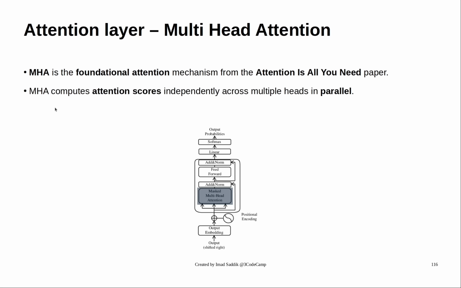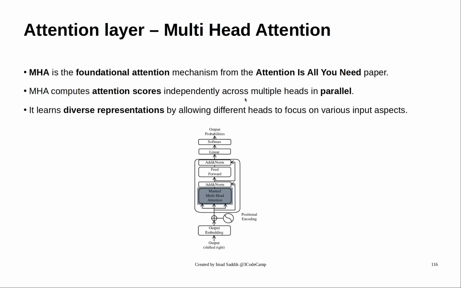The role of MHA is to compute the attention scores, and it does this independently across multiple heads in parallel. And this is the beauty of this technique, is that we can divide the computation into multiple heads and perform that computation in parallel, which speeds up training a lot.